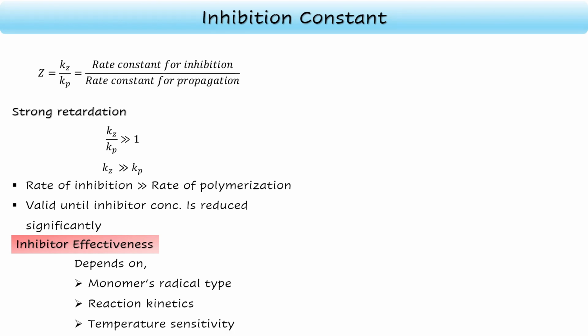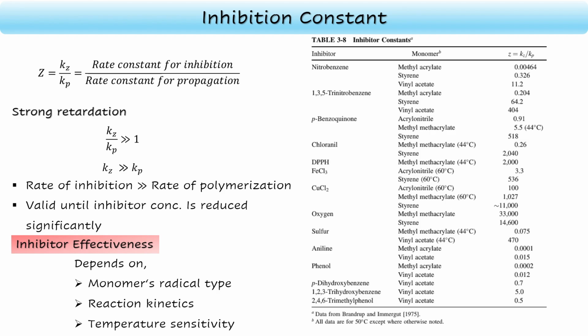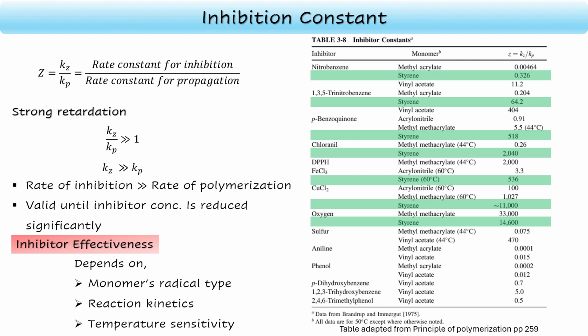Here is a table depicting different combinations of inhibitors, monomers and corresponding Z values. Let us take one example from the table, styrene. We see different possible systems for styrene, but can clearly see that oxygen is the best inhibitor for styrene.